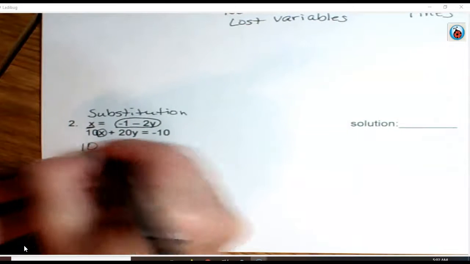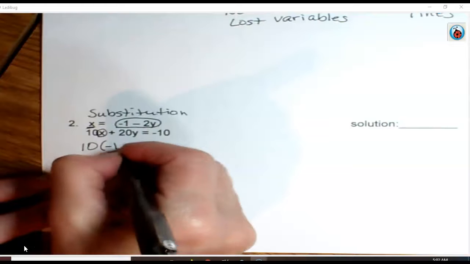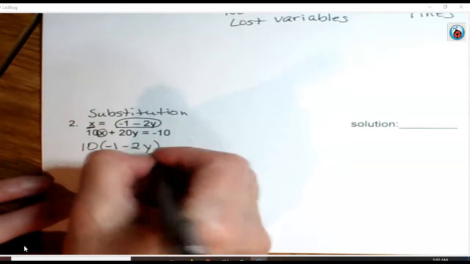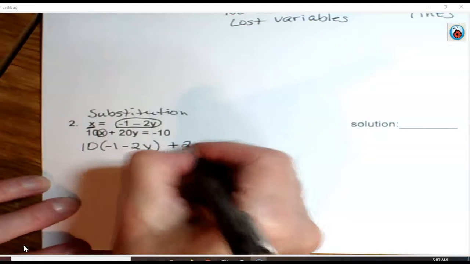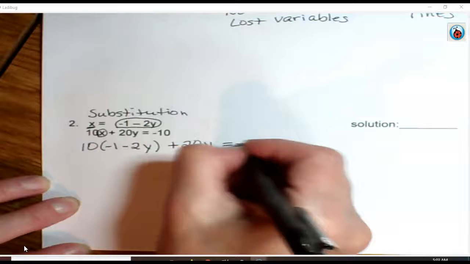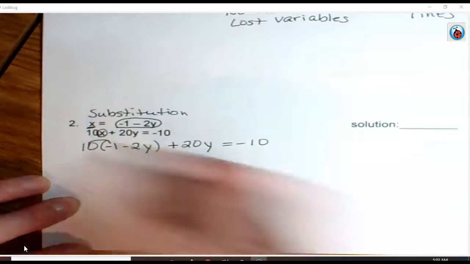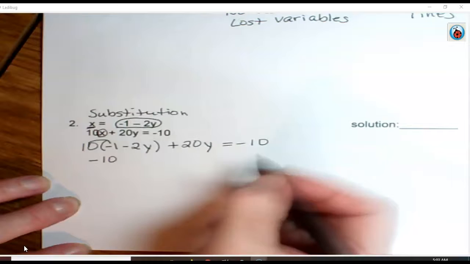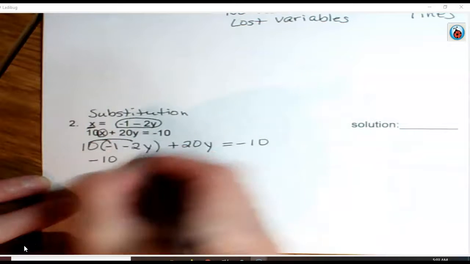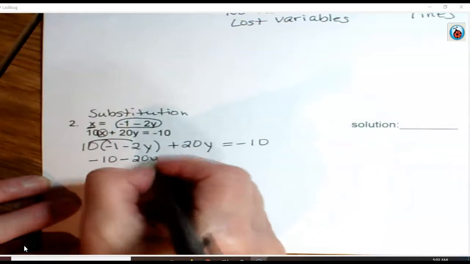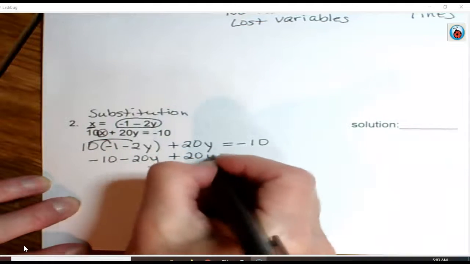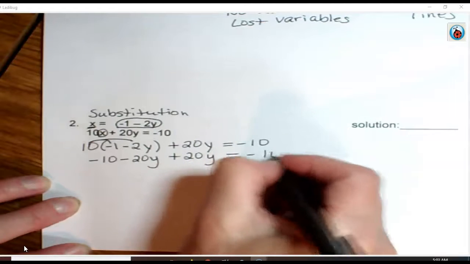So I've got 10 times negative 1 minus 2y plus 20y equals negative 10. All right, multiply. 10 times negative 1 is a negative 10. 10 times negative 2 is a negative 20y plus 20y equals negative 10.